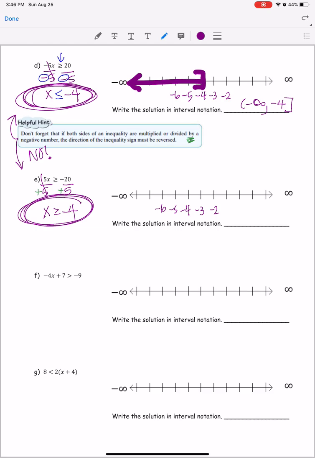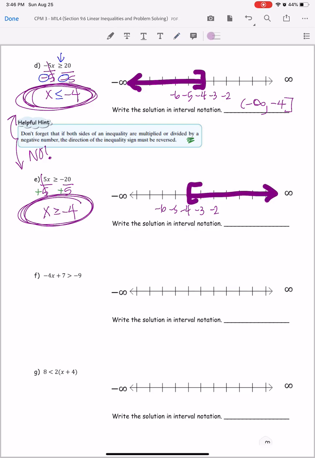So I'm starting at negative 4, going to the right, and it's got a line under it, so that means a bracket. So then in interval notation, it's starting at negative 4, and that's got a bracket, so bracket negative 4, comma, it's going to the infinity side, so infinity with a parentheses.